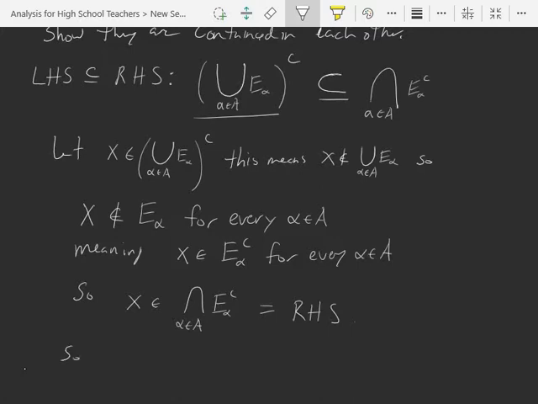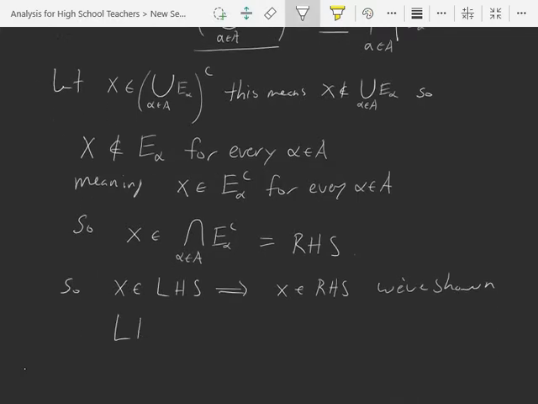Okay, so x in the left-hand side implies that x is in the right-hand side. We've shown containment. The left-hand side is contained in the right-hand side. If we've taken an arbitrary element from over here and we've shown that it's over here as well, that means everything on the left is on the right, so we've got this set containment here. So we're halfway there. Now we have to show the other direction.